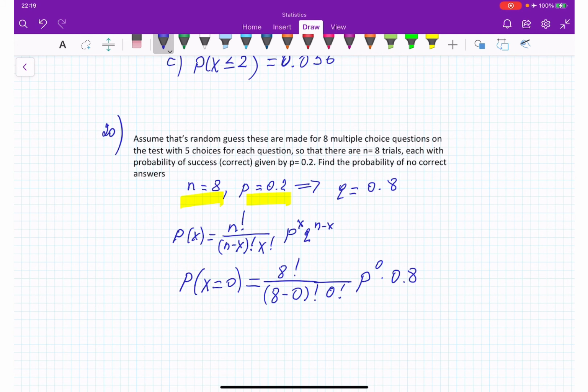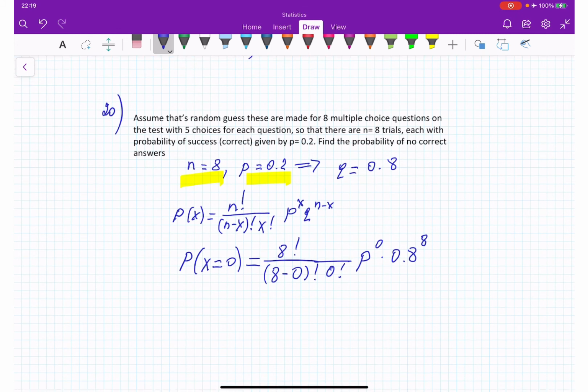N is 8 minus x is going to be power 8. So the result is going to be probability of x is equal 0. It's going to be 8 factorial here, and here will be 1, because factorial of 0 is equal 1.